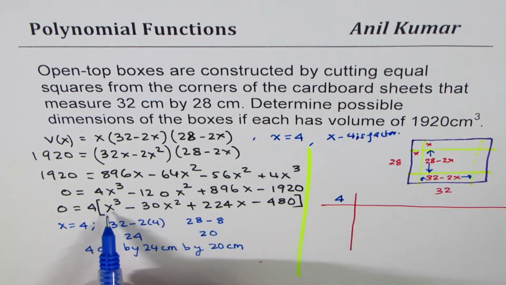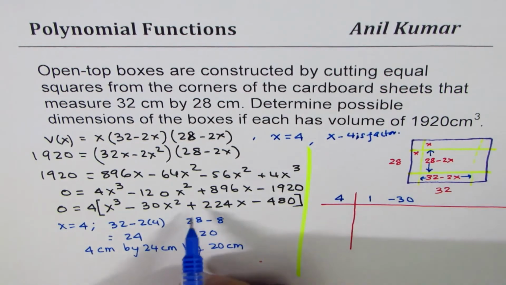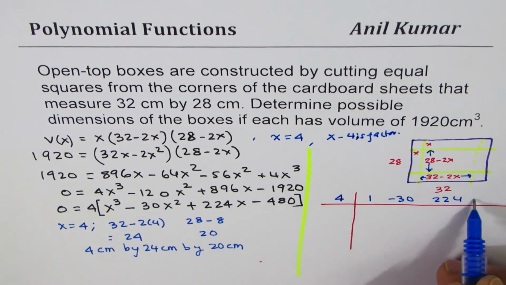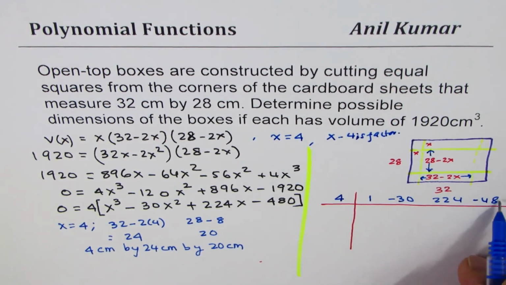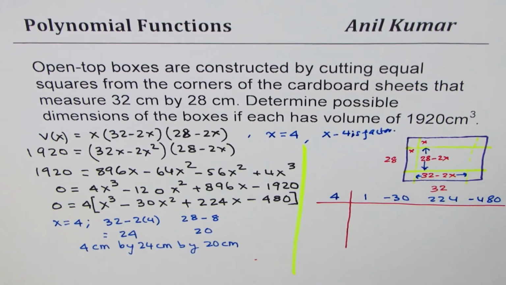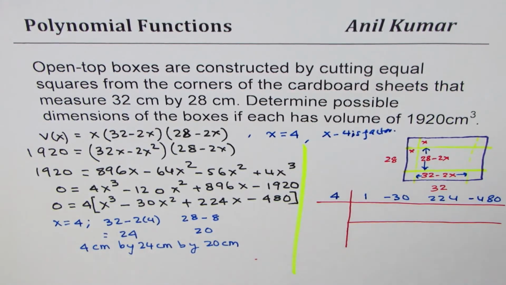And the polynomial coefficients are 1, minus 30, 224, and minus 480. Now, when you divide synthetically, we just bring down the terms, multiply by 4 and put them.